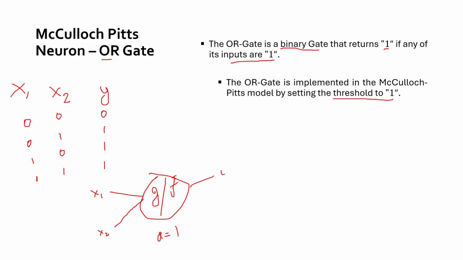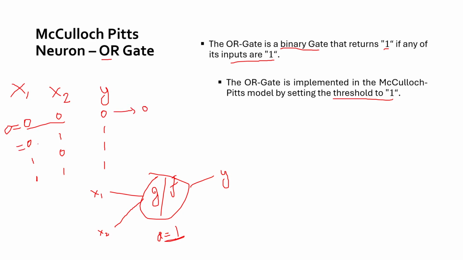Then you are getting an output y. So in this case, 0 plus 0 is equal to 0, and 0 is less than threshold 1, so you will get the output 0 by the McCulloch-Pitts neuron.